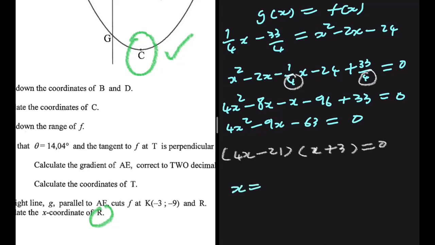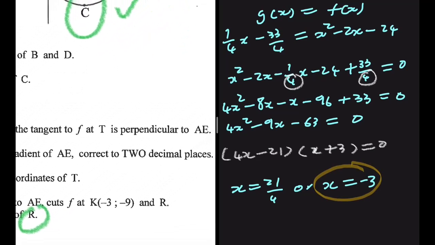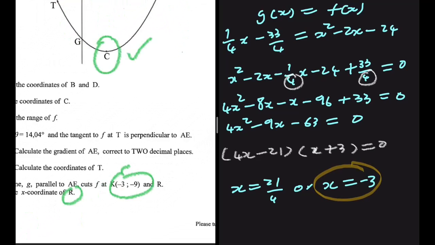So x is equal to 21 divided by 4, or x is equal to minus 3. We know that x is equal to minus 3 is the x value of K. That just tells us that x is equal to 21 divided by 4 is the x value of R.